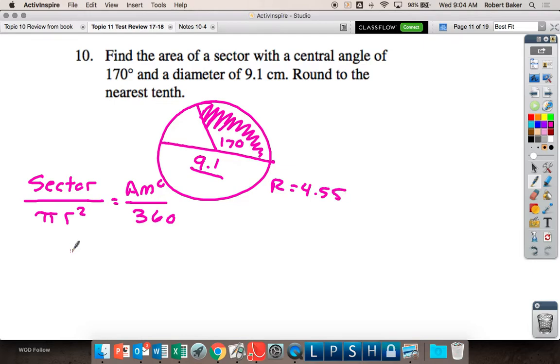So to find the area of our sector, we don't know what the value of the sector is. That's going to be x over pi times 4.55 squared. It says round to the nearest tenth, so we can multiply by pi this time. How many degrees is our sector?